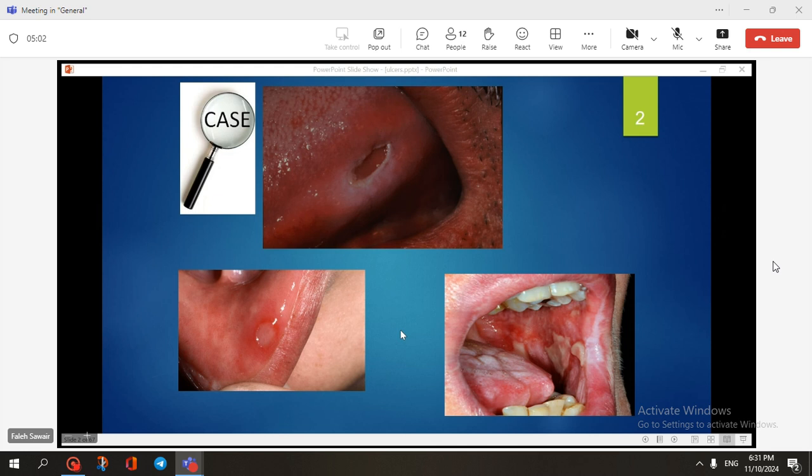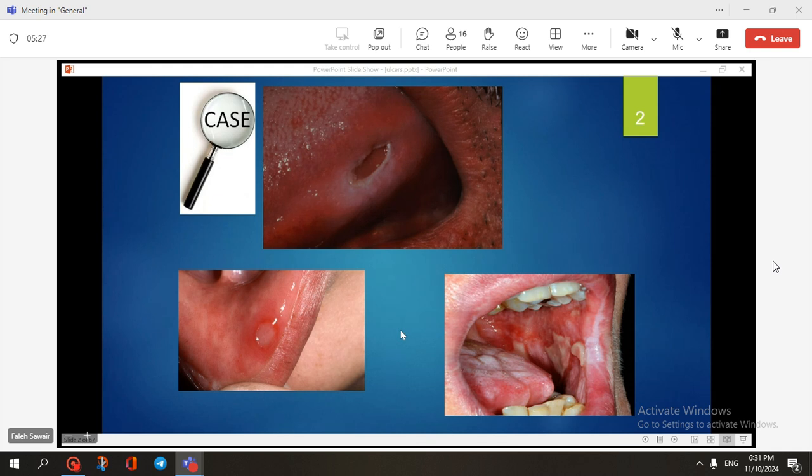When it is affecting the whole thickness of the epithelium and usually part of the connective tissue, it is called an ulcer. So loss of the epithelium, and the base will be the underlying connective tissue. When there is just loss of part of the epithelium, it is called erosion.